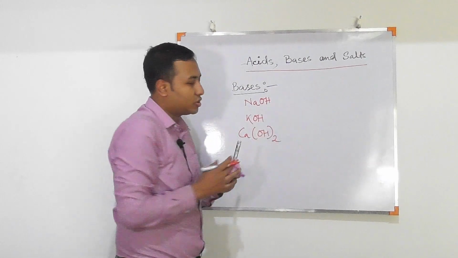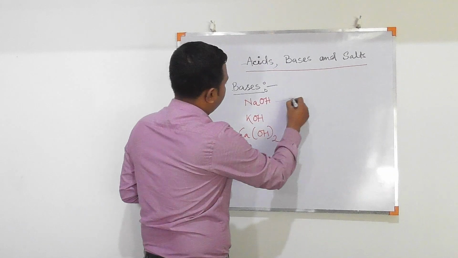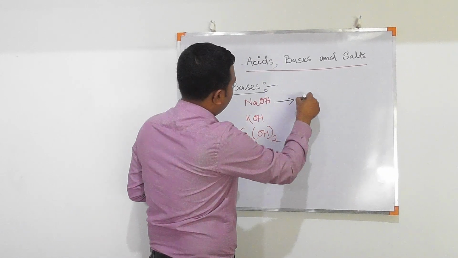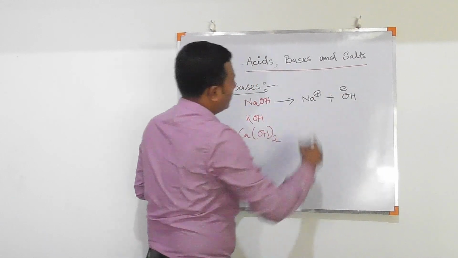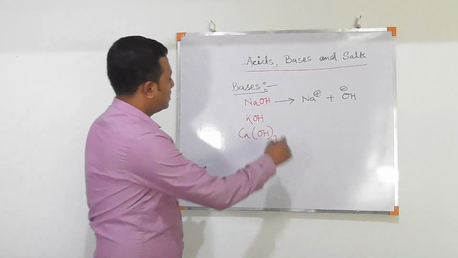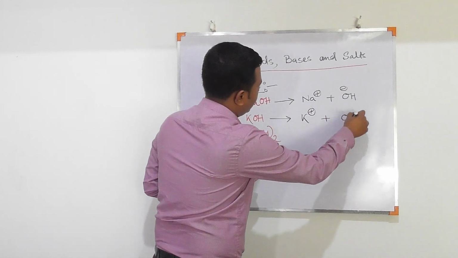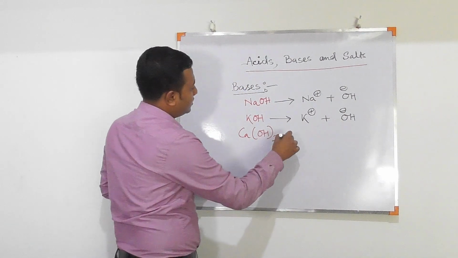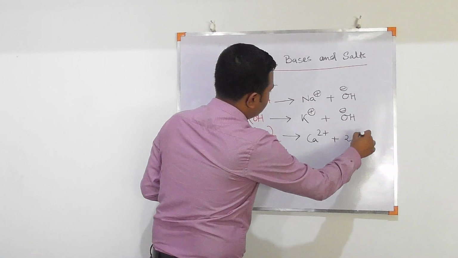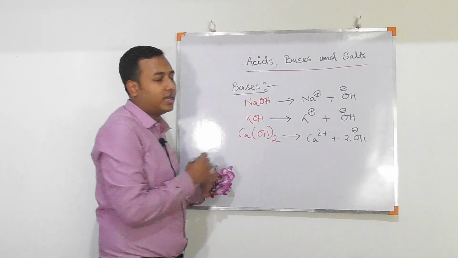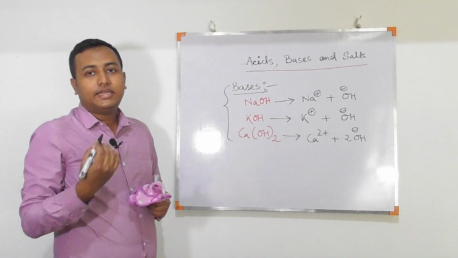These are very strong bases. Why are these bases? Because they can be dissociated into the corresponding ions to give OH minus. From KOH we can get K plus and OH minus. From calcium hydroxide we can get Ca 2 plus and 2 OH minus. These bases are bitter in taste.